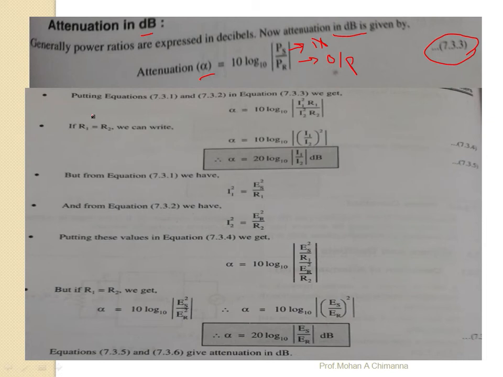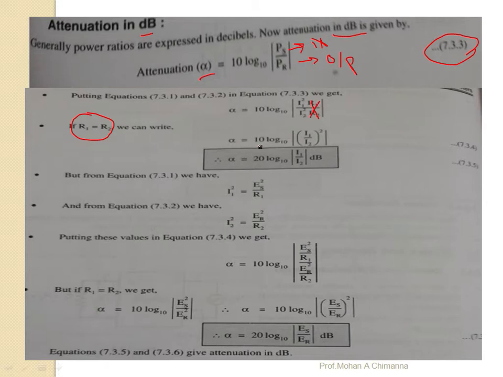If the resistances R1 and R2 are equal, as in the ideal case, then R1 and R2 get cancelled out, because both values should be equal.